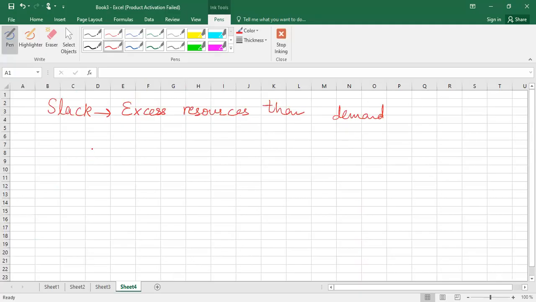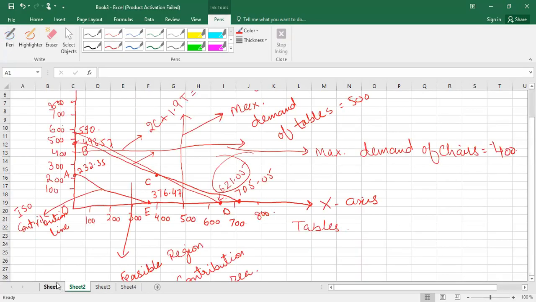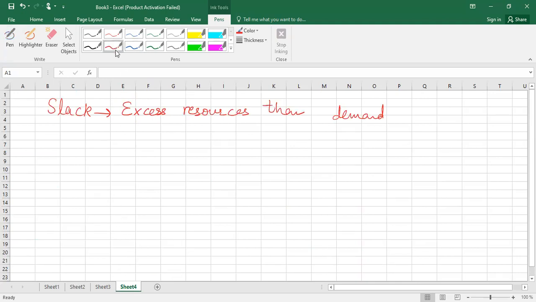Suppose this is the situation, then we will determine whether any of the stock is in excess or not, or we change our assumption for this question.